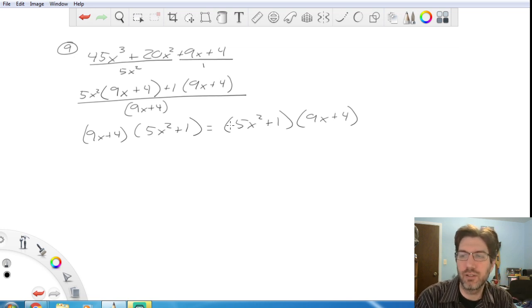You're just going to have to recognize the cases when you see them, and even if you don't, you can always factor things out like we've been doing in sections before. You can always check things by foiling. So if you're not sure you have the right answer, foil it, see if you get the original problem. I'm not sure which selected answers are in the back of your book either.